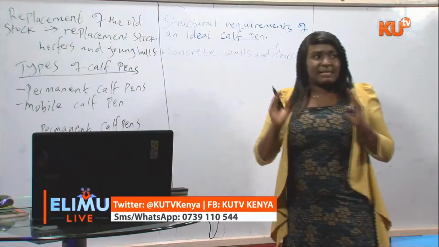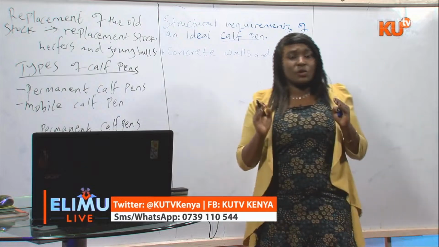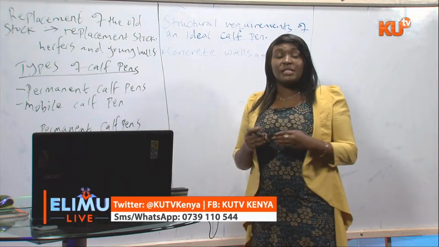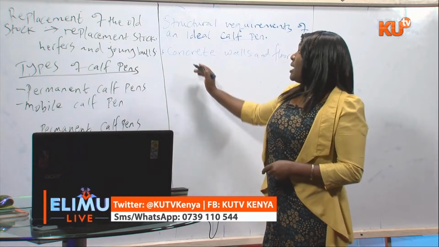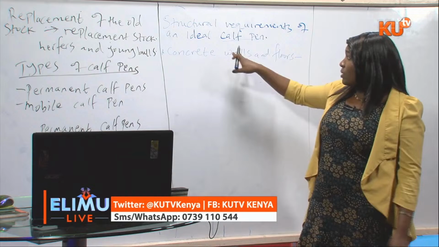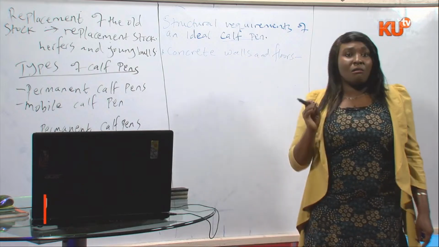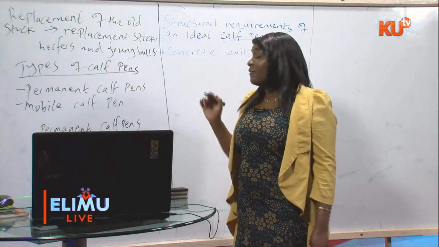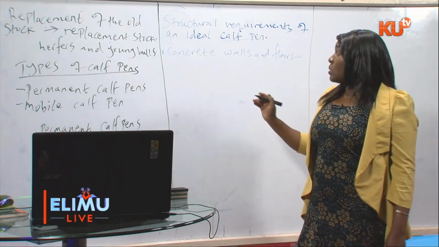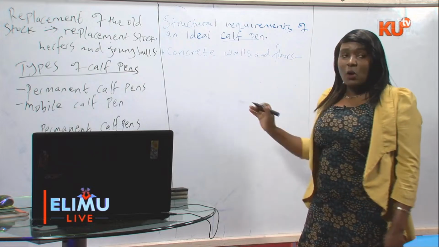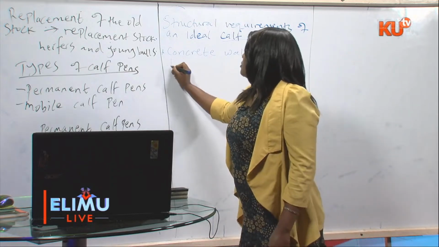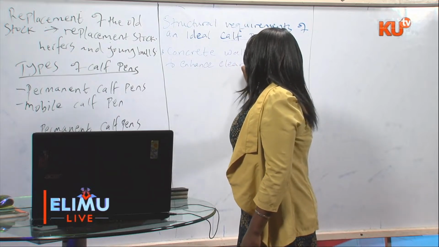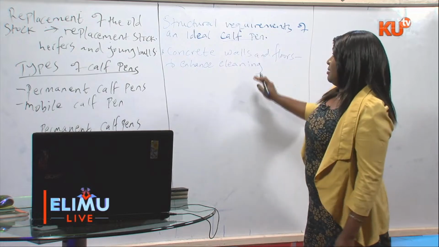An ideal calf pen that is going to be of importance to your farm in terms of profit maximization: ensure that the walls and the floors are concrete, if you can afford. This is because concrete walls and floors are easy to clean.